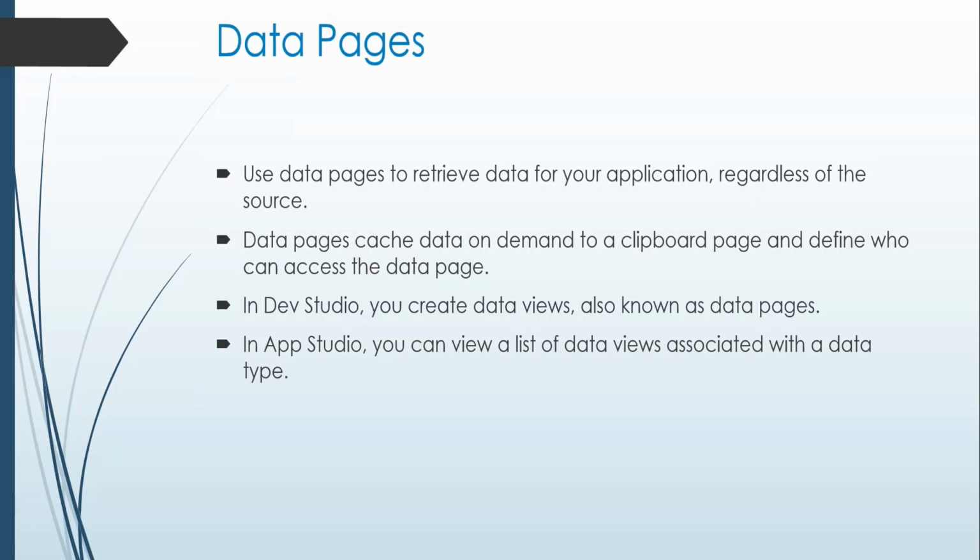Using a data page lets us have a reduced number of DB hits. Instead of hitting the DB multiple times, we get all the data onto the D page, and as and when it is required, we would be using it on the case. So this is like an on-demand data retrieval that happens from the D page.